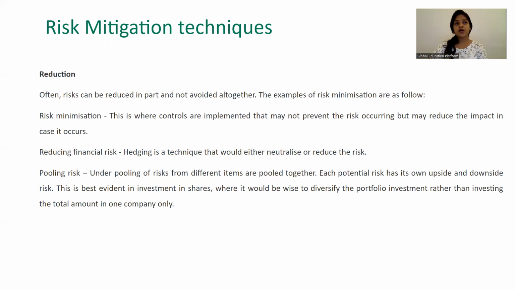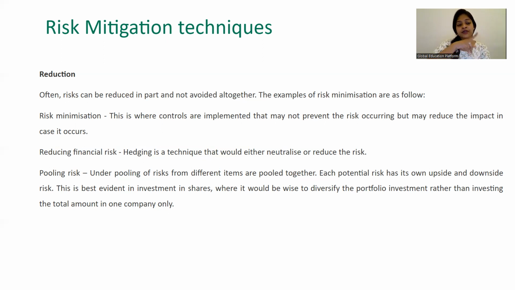So it cannot be avoided completely, but of course you can minimize the risk, right? Reducing financial risk: hedging is a technique that would either neutralize or reduce the risk. So this is one of the techniques.